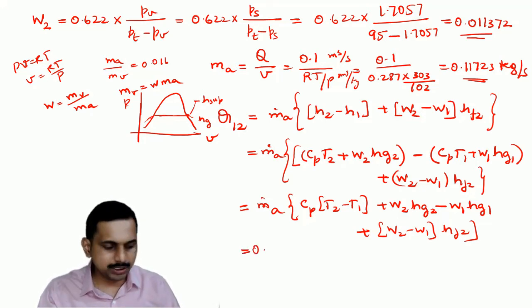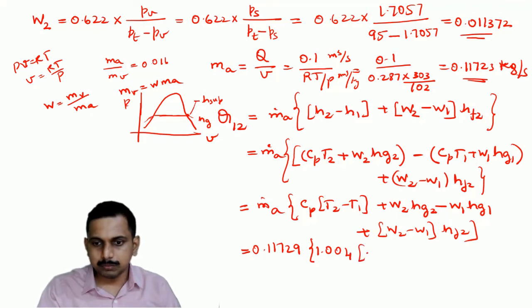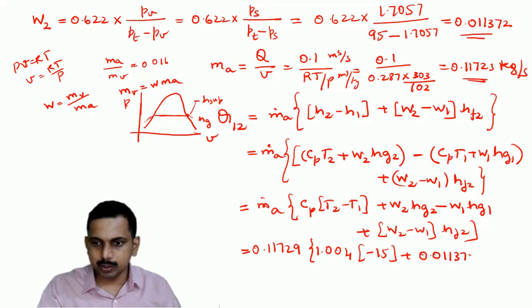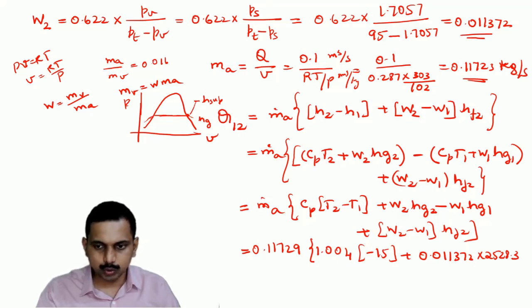So it is 0.11729 into 1.004 into minus 15 plus 0.11372 into 2528.3, which is W2 into Hg2, plus now minus W1.